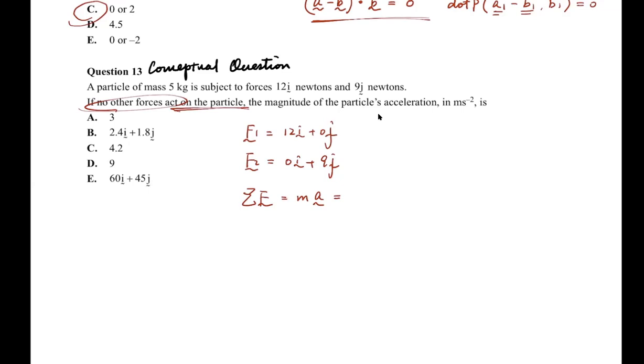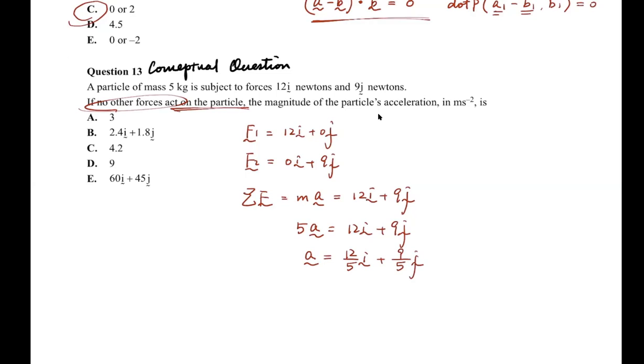You don't need to do the diagram, okay? So the total is 12I plus 9J. And in front of A, the M value should be 5. 5A equals 12I plus 9J, okay? And A should be 12 on 5 I plus 9 on 5 J. Is that what we need to find?